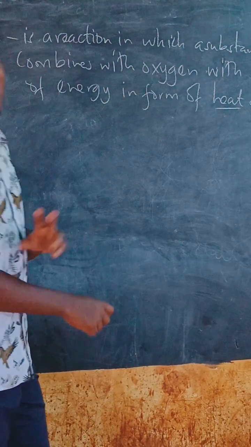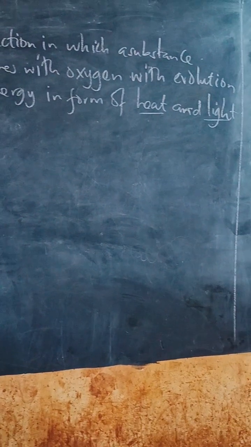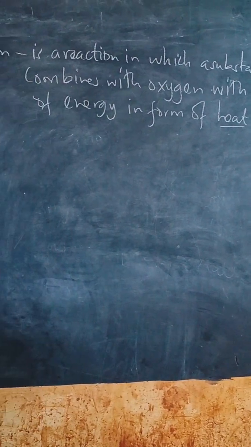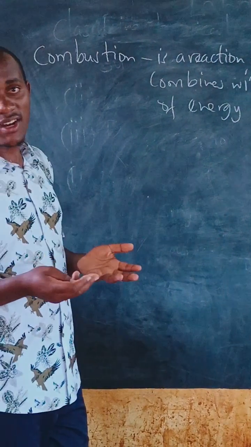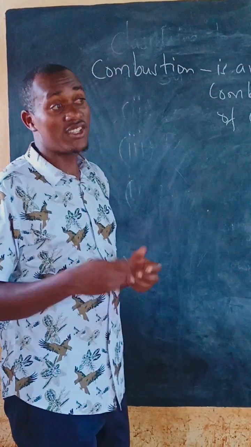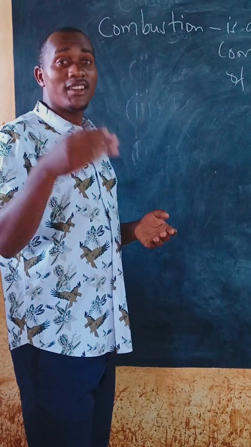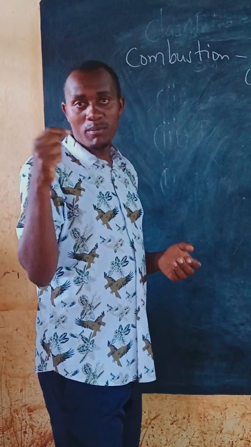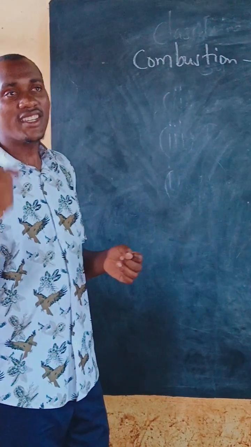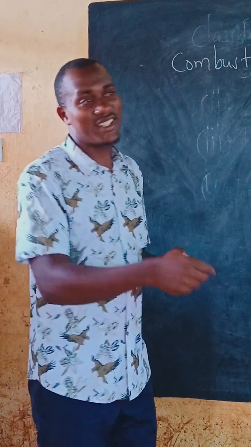This is a very common type of reaction that occurs in day-to-day life. For example, in our gases at home, that is propane, a hydrocarbon, that burns to produce heat that we use in cooking. The firewood that we use, oxygen must be required for combustion to take place because oxygen supports burning. Burning is combustion.